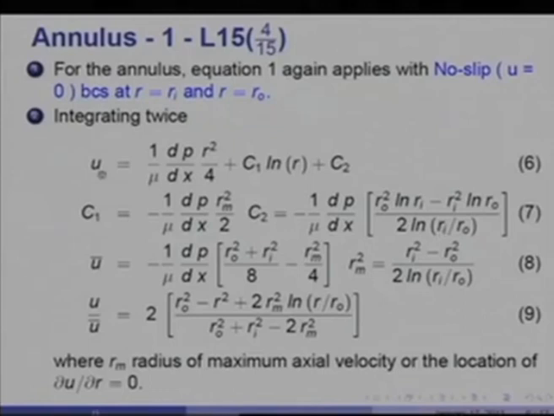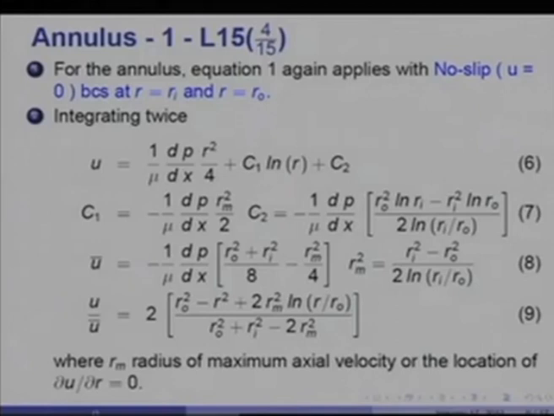Integrating this equation to evaluate u bar, the average velocity, gives me that expression. In all these cases, r_m is the radius where du/dr is 0.